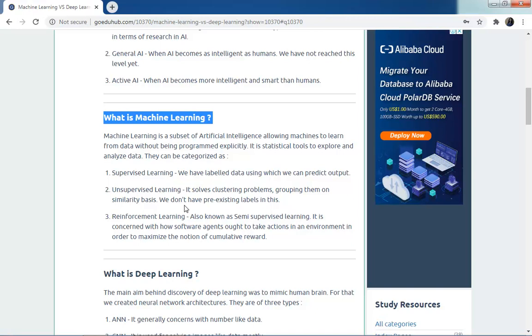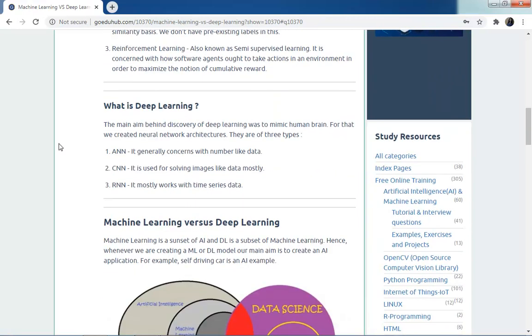Okay, so for that we have created an artificial neural network architecture in deep learning. So in deep learning we are creating the artificial neural network, and there are different types of artificial neural networks. One is ANN, artificial neural network.